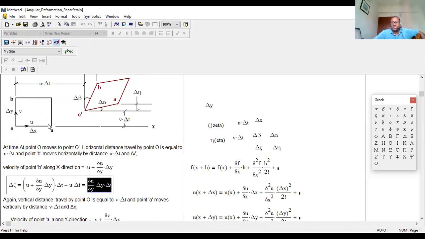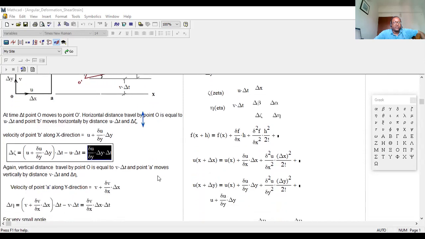Again, in the vertical direction, the distance traveled by point O is v into delta t. So what is the velocity v at point A? Again, you need to use Taylor series.